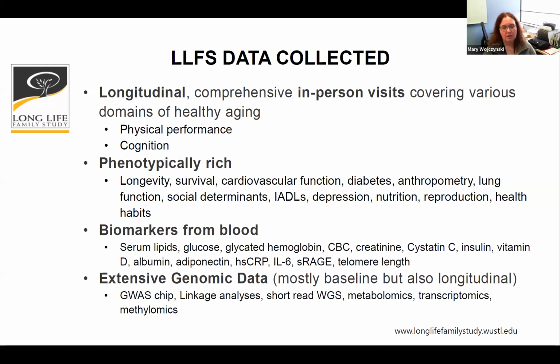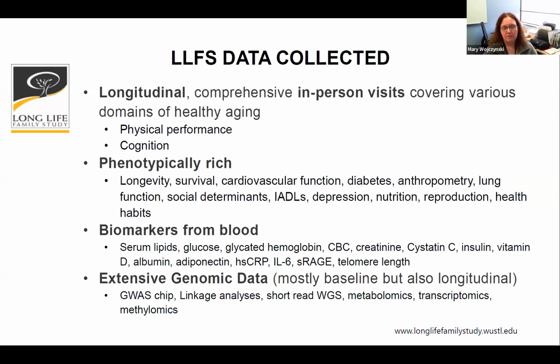So all the information we have on these participants is from standardized protocols, and we have centrally trained people going into the participant's home. Because of that, the protocols need to be able to be done in the home, with equipment that can be taken into the home.